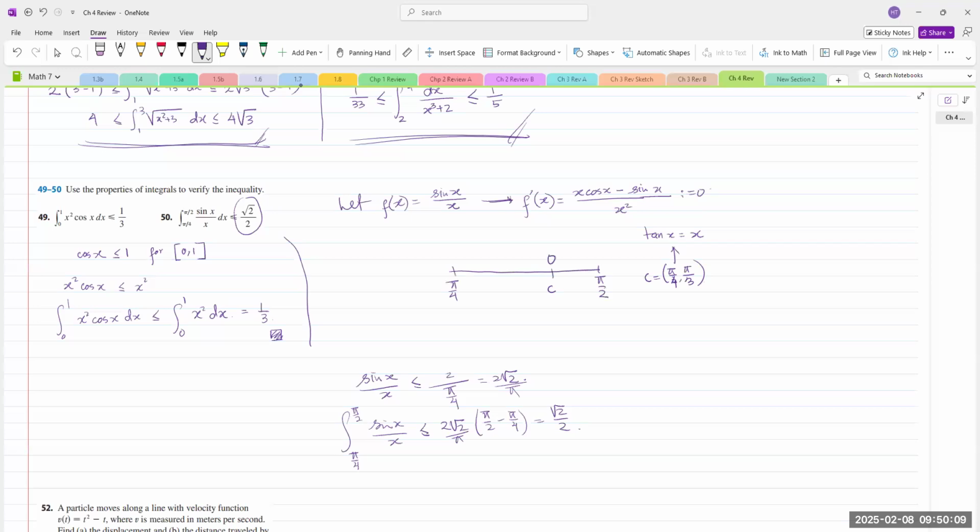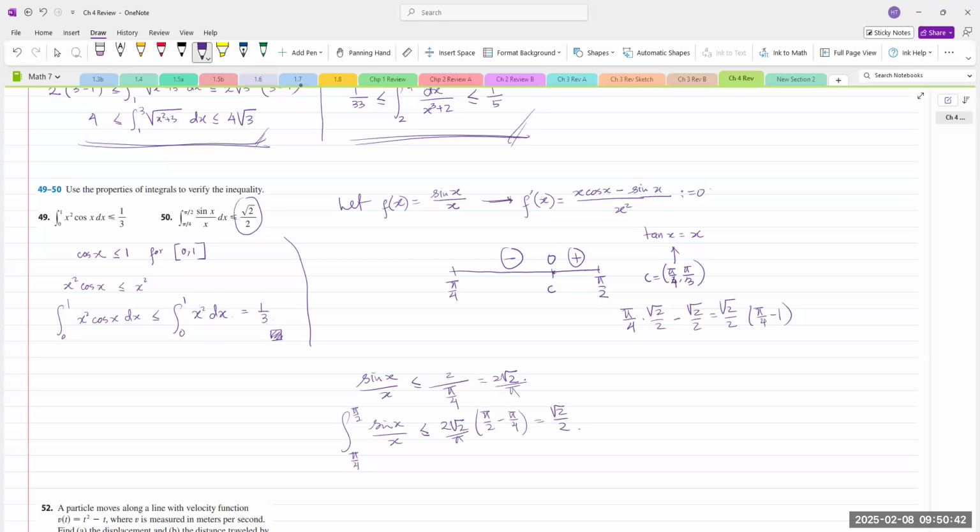Now let's plug in numbers. Suppose I plug in pi over 4. Pi over 4 times cosine pi over 4 is radical 2 over 2, minus radical 2 over 2, which is less than 1 minus 1. So this is negative, and later on this becomes positive, right? So it is decreasing here, increasing here.